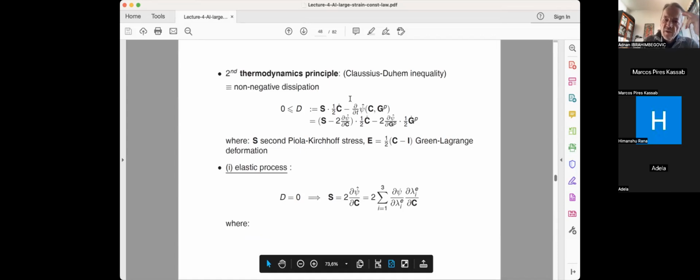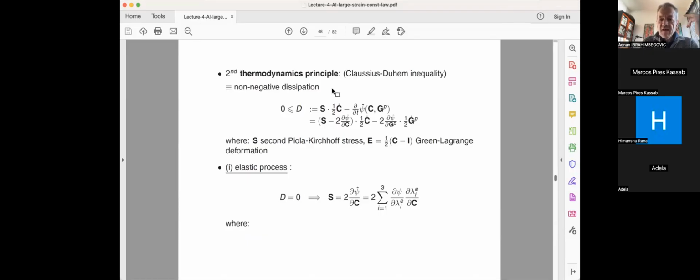So if you go back to thermodynamics to define dissipation for this perfect plasticity model in the large deformation setting, you can say that dissipation is the difference between the stress power, the product between the energy conjugate stresses, in particular here the second Piola-Kirchhoff stress, and the derivative of the Green-Lagrange strain, which amounts to 1/2 C dot, minus the material time derivative of the internal energy, which here you keep as a function of C and GP. So you can say this is the partial derivative with respect to C times C dot, and this is the partial derivative with respect to GP times GP dot.